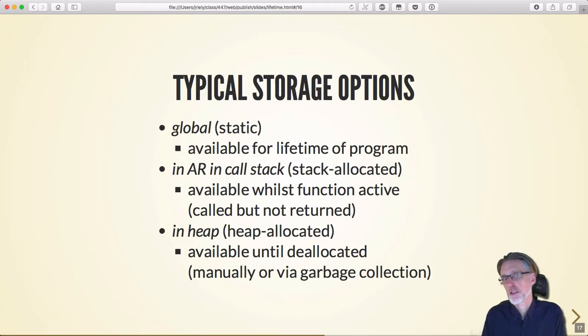So that's as long as the function has been called but hasn't yet returned. And then we have heap allocated memory, which is explicitly allocated and often explicitly deallocated as well. So it may be explicitly deallocated or dealt with in some other manner, like reference counting or garbage collection.